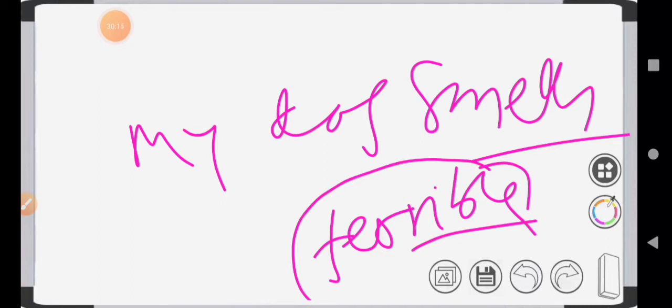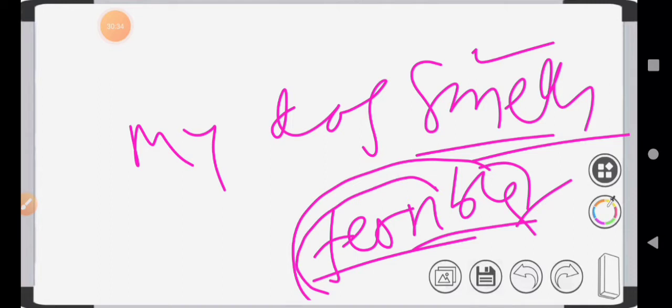Smells is a linking verb. Most complements follow the linking verbs. My dog smells terrible. Terrible is an adjective. I am not talking about parts of speech but about the element of language, a complement, which is useful to complete the sense of the sentence.